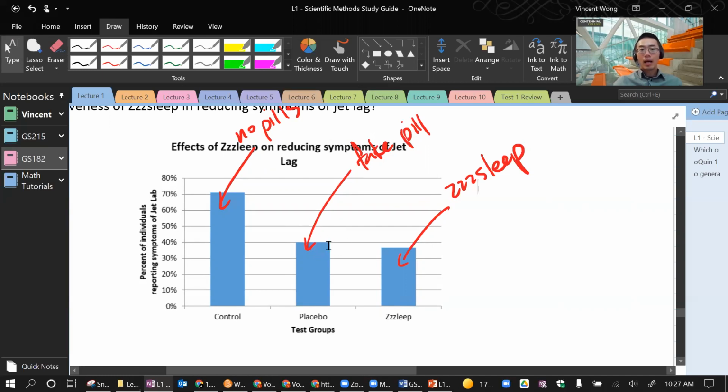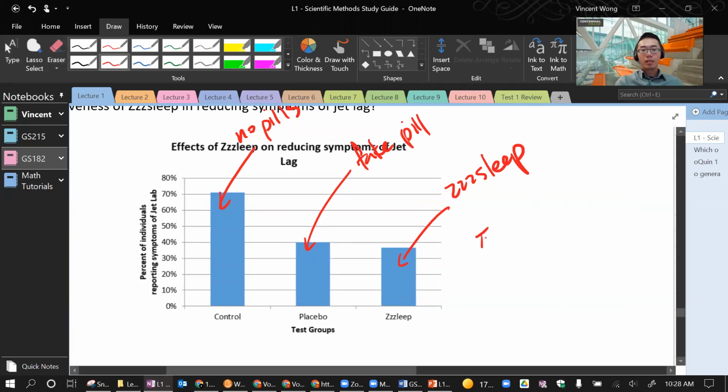So this shows you that the jet lag is more like a psychological effect. The pill is not helping, because you could have given them a sugar pill and it would work just as well. It doesn't matter that this is lower than the control group. What matters is that this performs at the same level as the placebo group. As such, it is not effective.